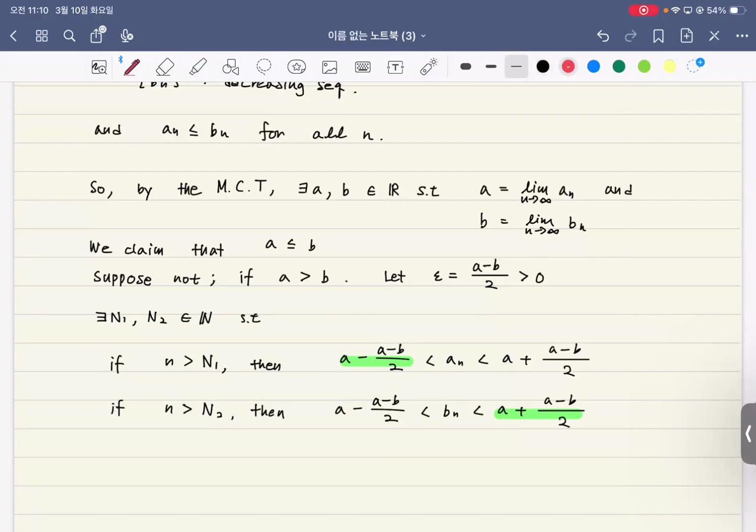Simplifying this one gives (A plus B) over 2, and this is also (A plus B) over 2. It turns out they are the same number. Now I can derive a contradiction.